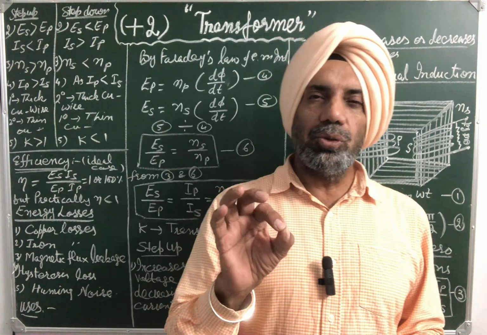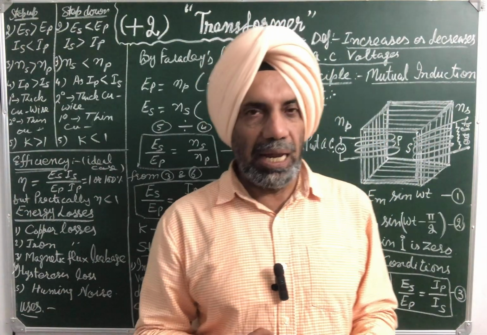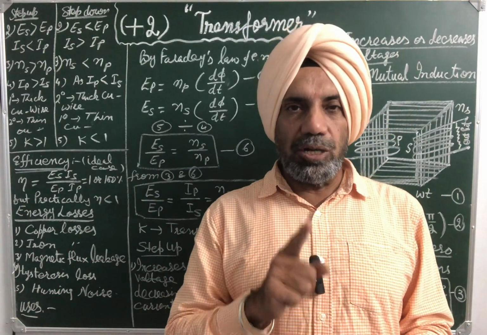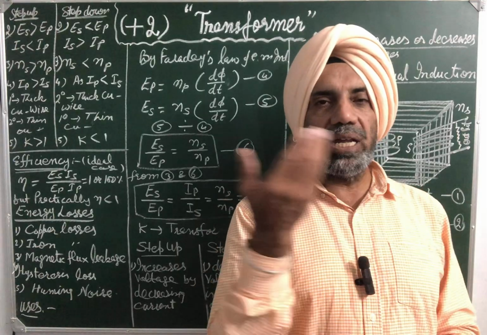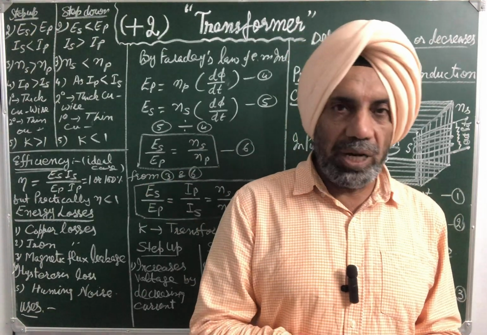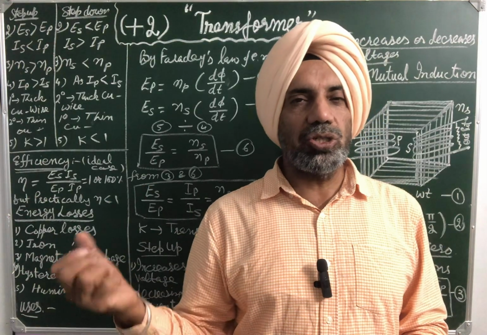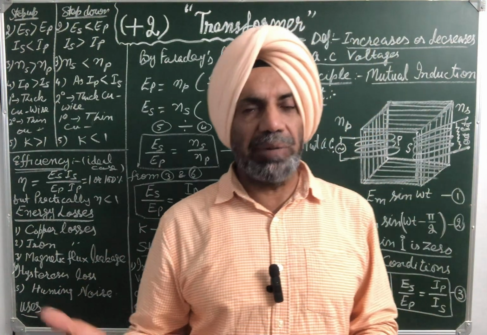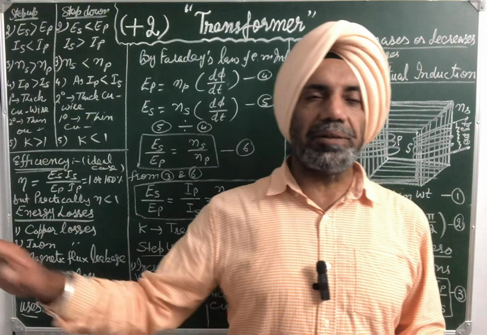So there are two benefits of using a step-up transformer at the generating station and a step-down transformer at the receiving station. Number one, it reduces energy loss, because when we step up the voltage from 220 to 20,000 volts, say, the current is reduced to a very small value. So the heat produced by Joule heating is very small, and a very small amount of heat is lost during the journey.